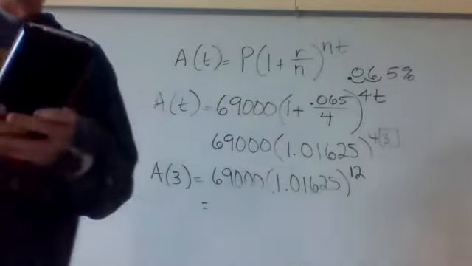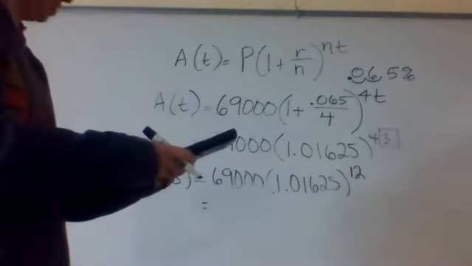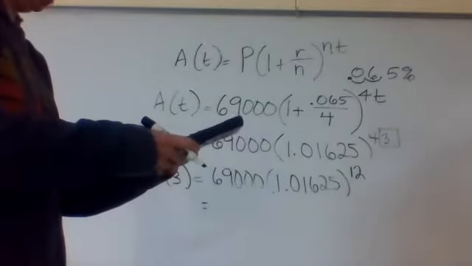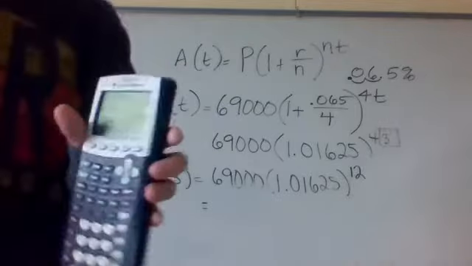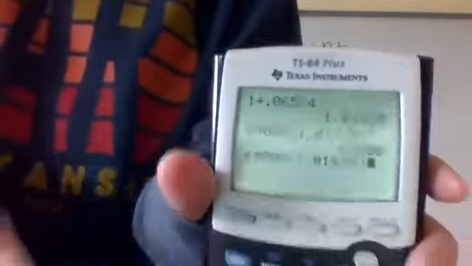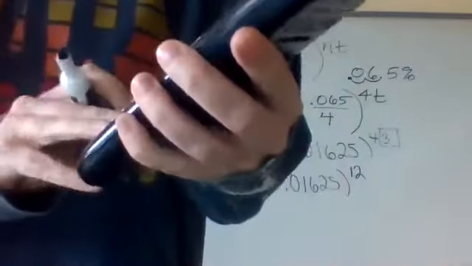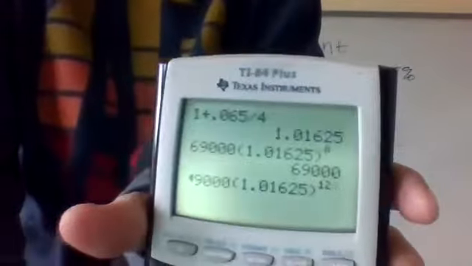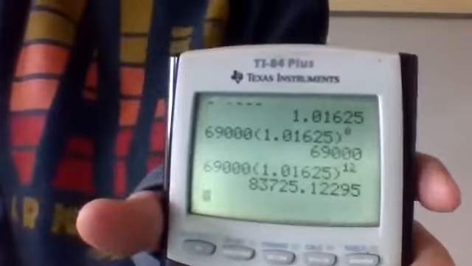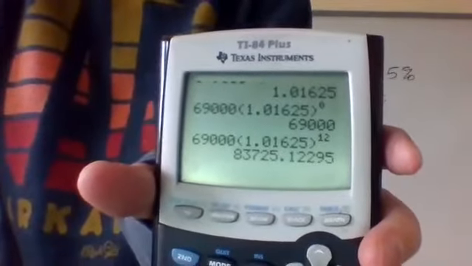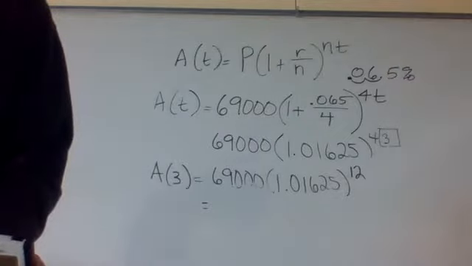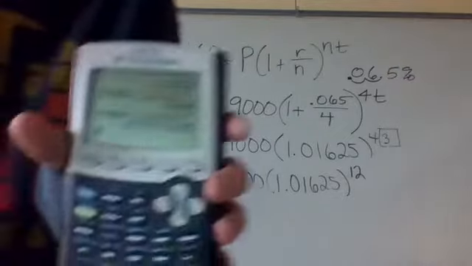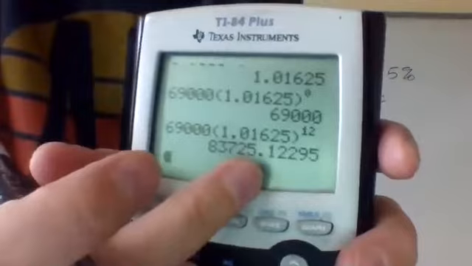So 69,000, open parentheses, 1.01625, close. Go up into your exponent and make your exponent a 12. And you're going to round it to the nearest dollar.